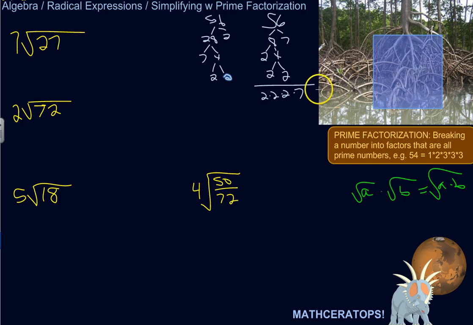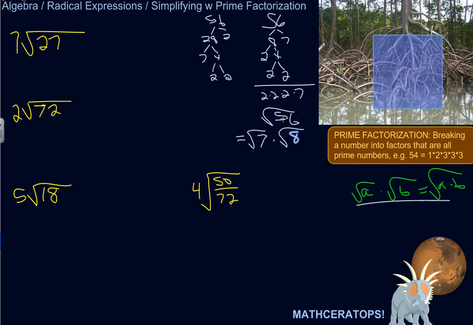Now, why is that important? Well, the product rule of radicals says that, for example, if we were to look at the square root of 56, that's equivalent to, for example, the square root of 7 times the square root of, we could multiply these together, so 2 times 2 times 2 is 8.